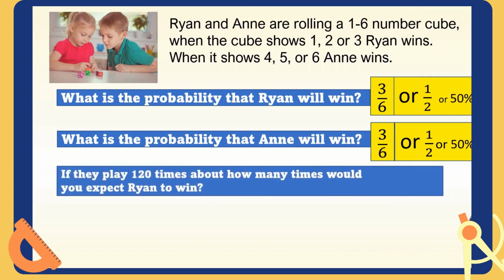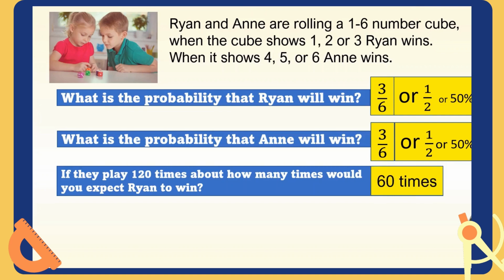Ngayon, if they play 120 times, about how many times would you expect Ryan to win? So ngayon, kung magpi-play sila ng 120 times, ilang beses kaya mananalo si Ryan? That is 60 times.